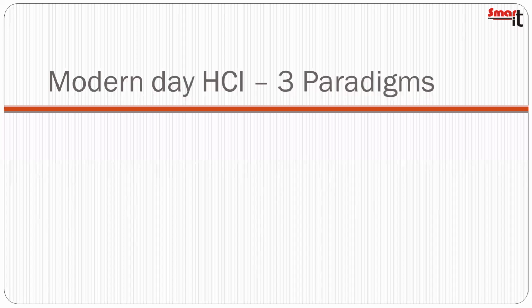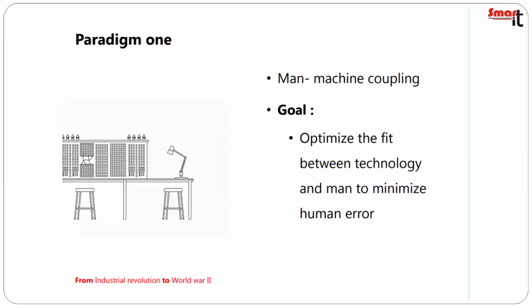Right. When we talk about modern day HCI, we can see there are 3 paradigms. The first paradigm is man-machine coupling. According to the first paradigm, our goal is to optimize the fit between technology and man to minimize human error.